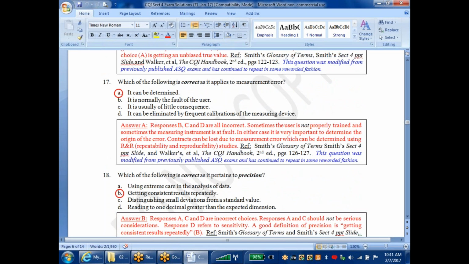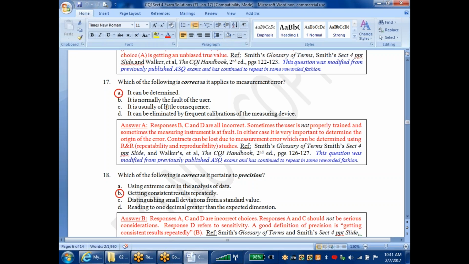17, which of the following is correct versus incorrect as it applies to measurement error? We talked about measurement error when we talked about calibration in our overview. Certainly, measurement error is due to a lot of things, equipment, users. So it's not normally the fault of the user. Usually the biggest part of measurement error is the equipment.